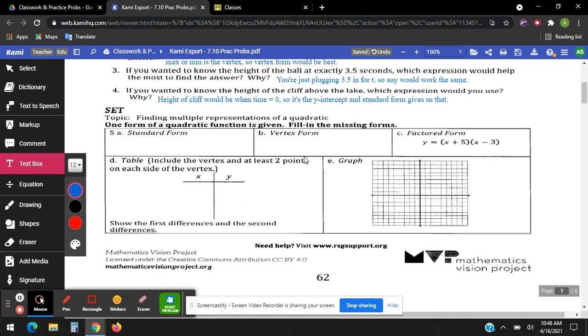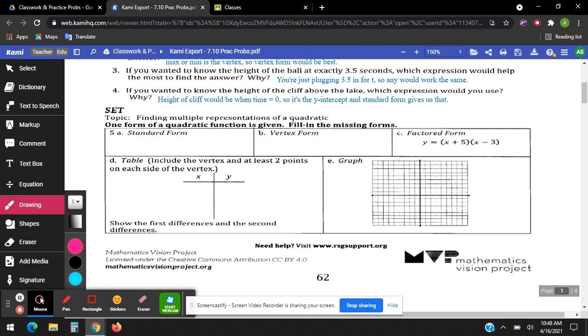Okay, so now we're going to practice going between the different formats. They've given us the factored form. We need to find the standard and the vertex, make a table, and then graph it. Going from factored to standard, I'm just going to multiply these out.